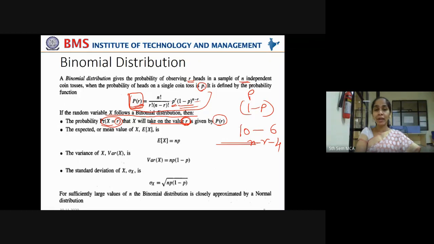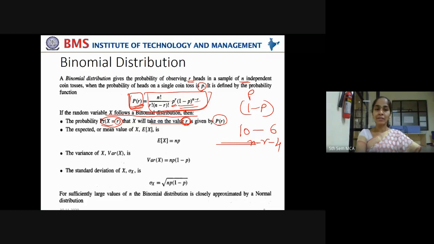You're trying to find out what would be the probability of 6 heads out of 10 coin toss experiments, or what is the probability of 8 heads out of 10 coin tosses experiment. Got it? So that probability of the number of heads that can be seen in n coin tosses is represented by this formula. Now the expected or mean value of x. X is a random variable, right? Because you are expecting some random outcome. Whether it is head or tail, you are not sure of.